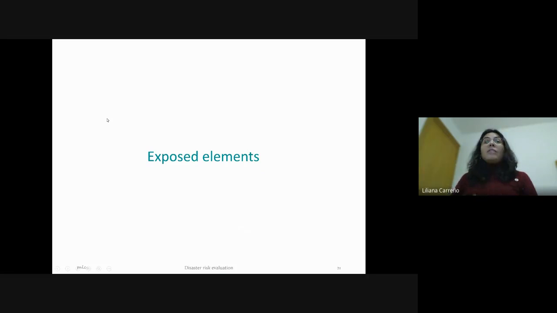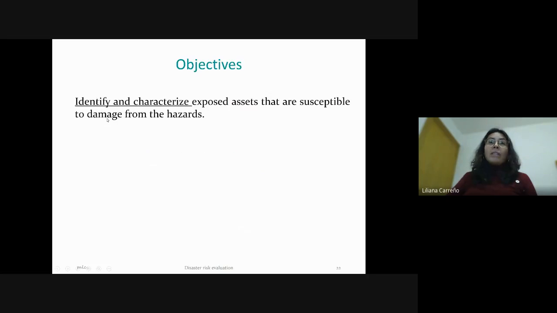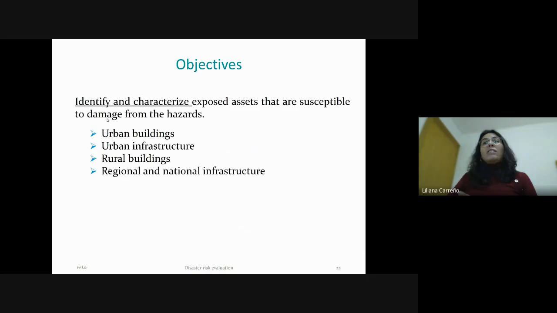The next step is the characterization of the exposed elements. So we need to identify and characterize the exposed assets that are susceptible to damage from the hazards. They can be, for example, urban buildings, urban infrastructure, rural buildings, or regional and national infrastructure.